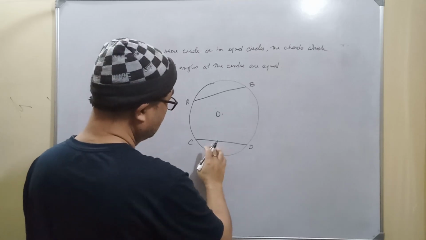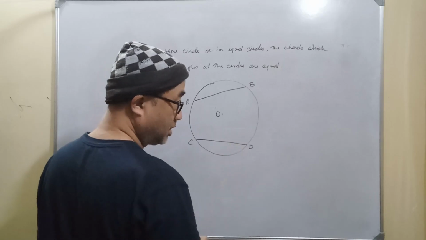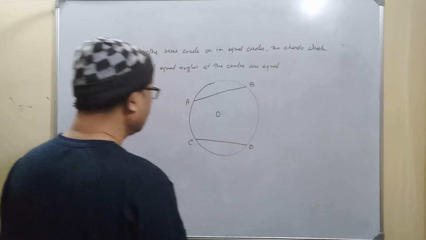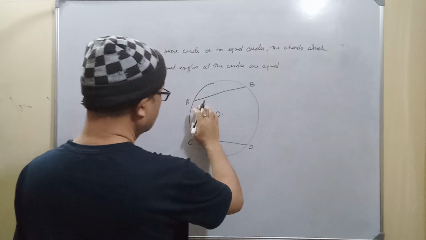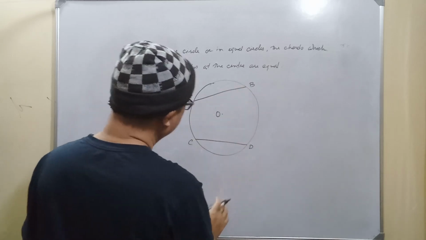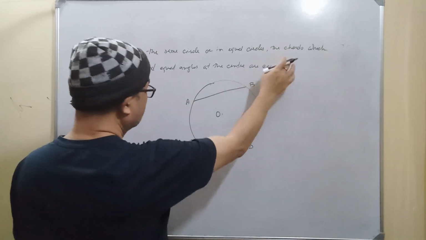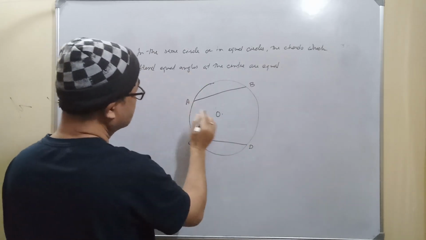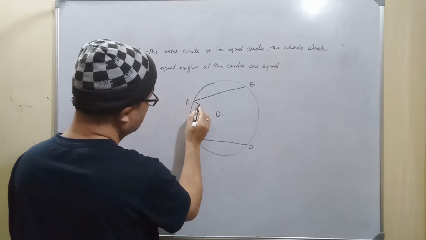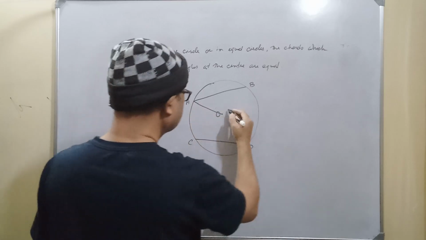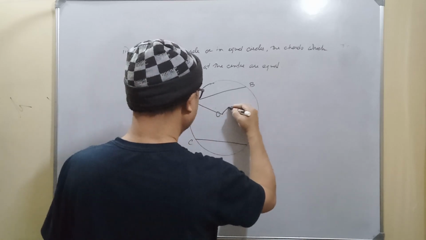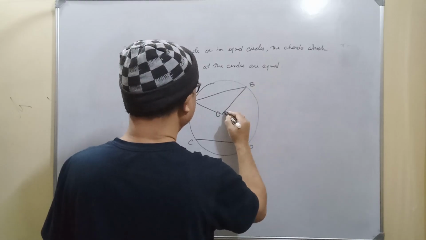So it joins any two points on the circumference of the circle. So we have drawn two chords AB and CD. Now it says that the chords subtend equal angles at the center. Let us join these two points and these two points.